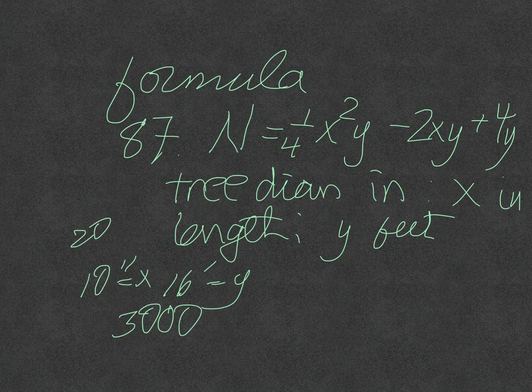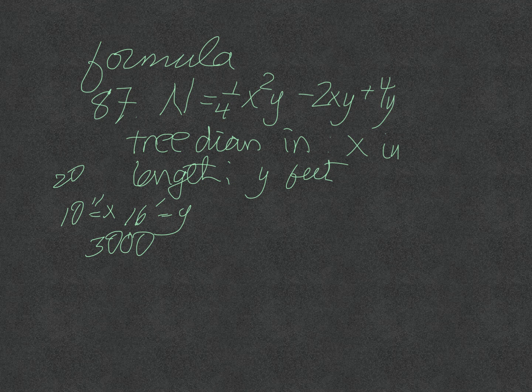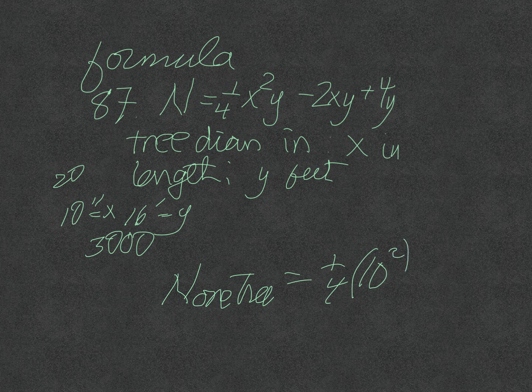So all you want to do is find the number of board feet for one tree. Okay. That will equal 1/4 times 10 squared times 16 minus 2 times 10 times 16 plus 4 times 16. All right.